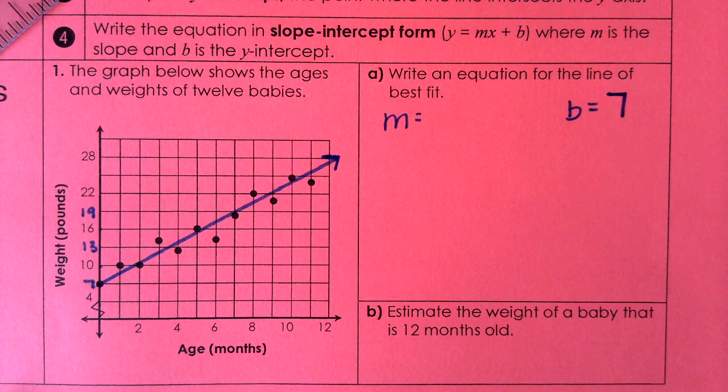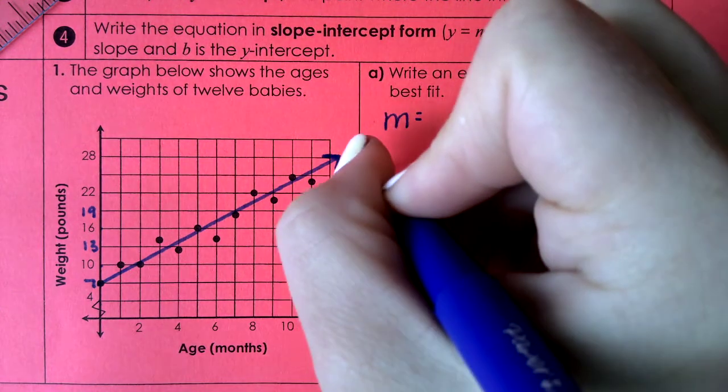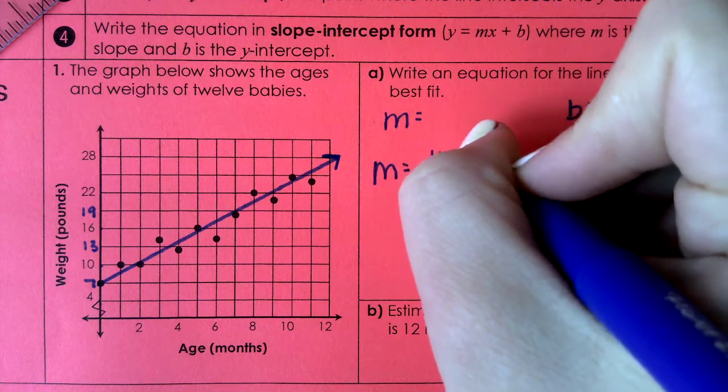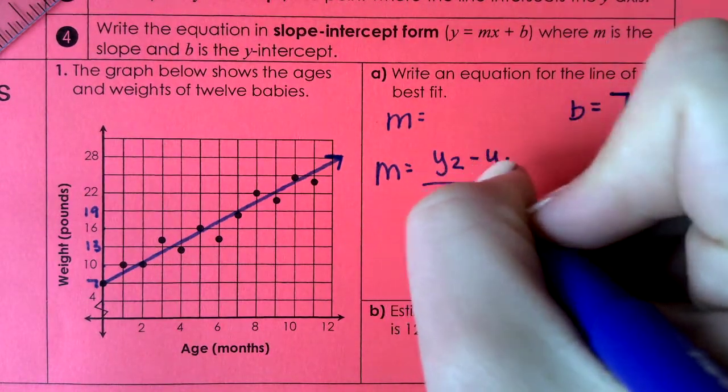Okay. Now how do I find my slope? Make sure we're paying attention because I have some people who are not. My formula is m equals y2 minus y1 over x2 minus x1.